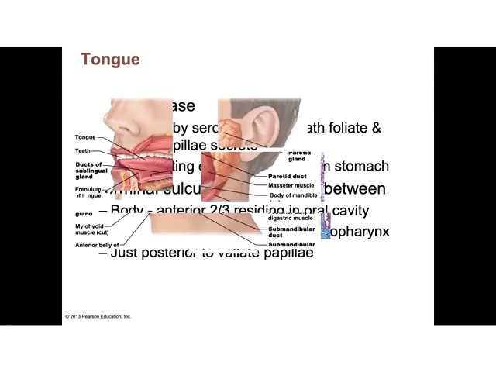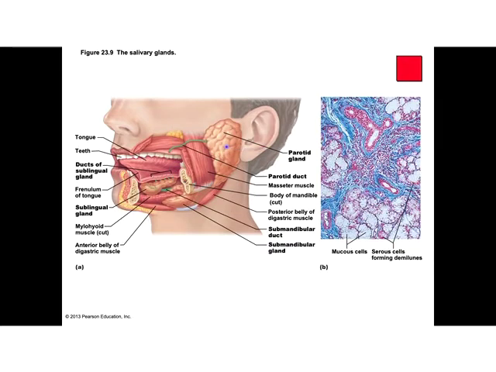And then you can see here the salivary glands, right? There's the parotids, the submandibulars, and the sublinguals, right? And they're all exocrine glands that drain into the oral cavity, okay? The sublingual creates a mucus saliva, and the submandibulars and the parotids create a more serous saliva.